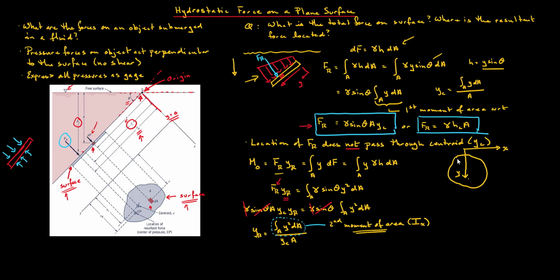So we are carrying out the summation of all y squared dA, and all of these y locations are with respect to the x-axis. This is why we denote it as Ix, the second moment of area with respect to the x-axis. You will also encounter the second moment of area in your mechanics of solid course.